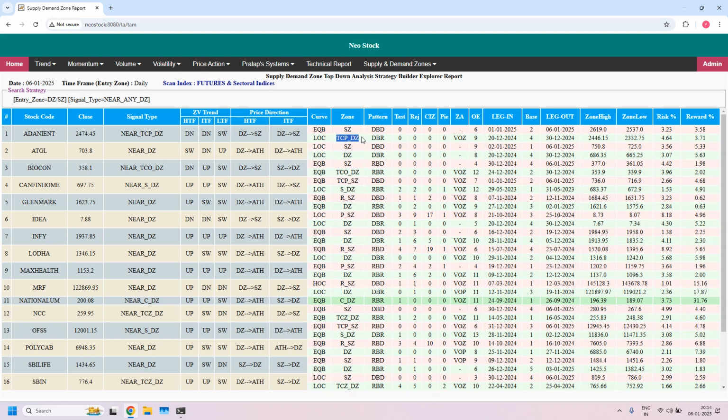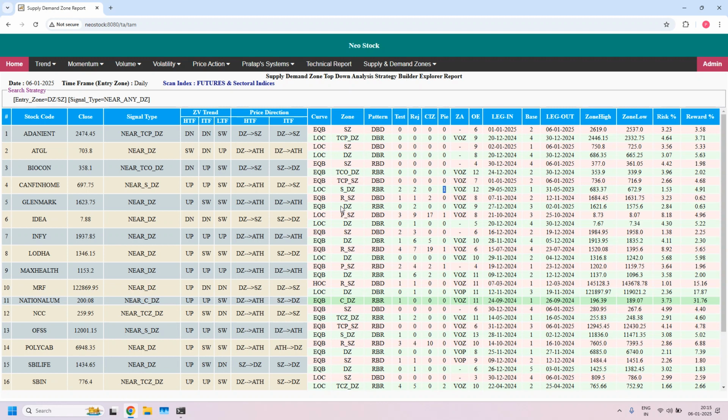Adani Enterprises is having a high liquidity demand zone, a fresh demand zone. This is not valid because it is a pierced zone. But you know how to handle pierced zones. You already learned.